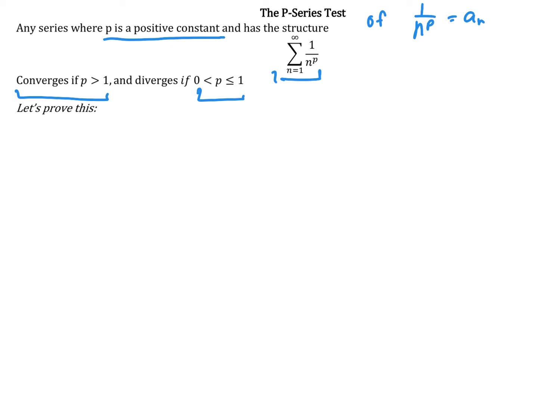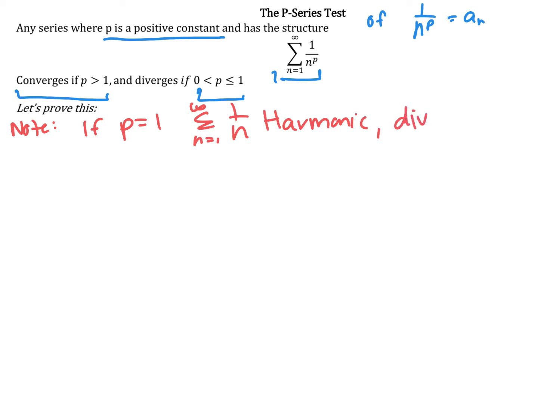So let's go ahead and prove this, and we're not going to prove the case specifically for p equals 1. I'm just going to note, if p equals 1, this is the harmonic series, which we just proved diverges. So now we're going to use the same test that we just used on the harmonic series to look at this p-series.